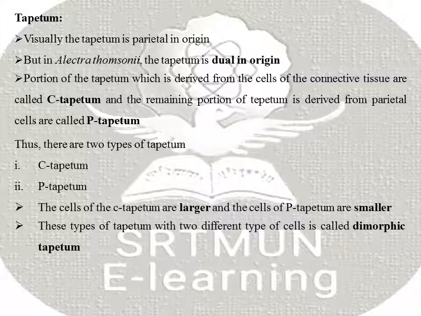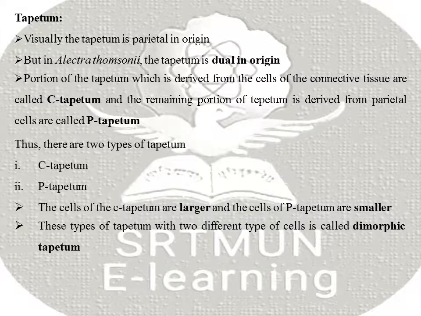The cells of the C tapetum are larger and the cells of P tapetum are smaller. The type of tapetum with two different types of cells is called dimorphic tapetum.